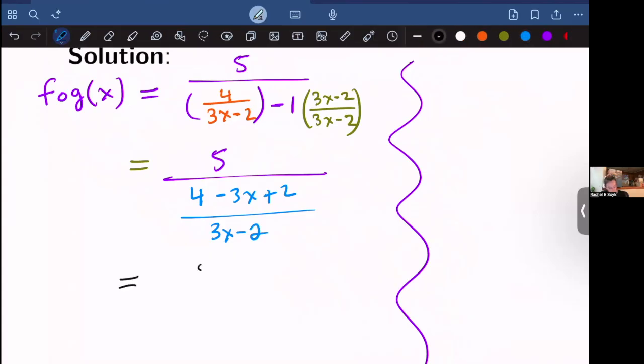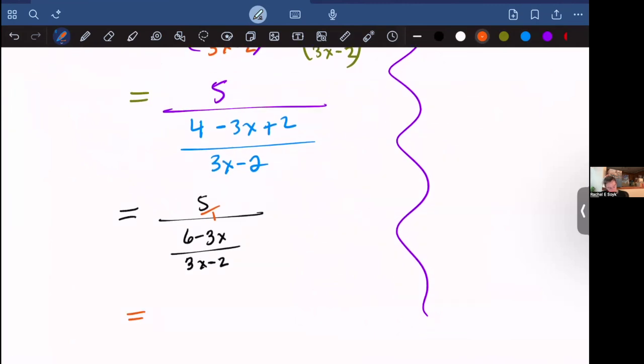Combine some like terms, and we get 5 over 6 minus 3x over 3x minus 2. Do some keep change flip, and you end up with 5 in parentheses 3x minus 2 all over, we can factor out a 3, and then we're left with 2 minus x.